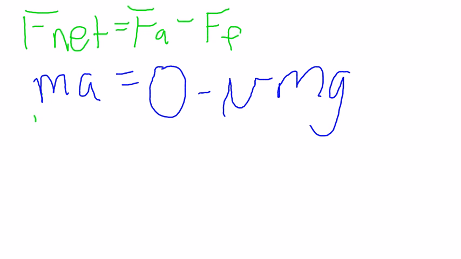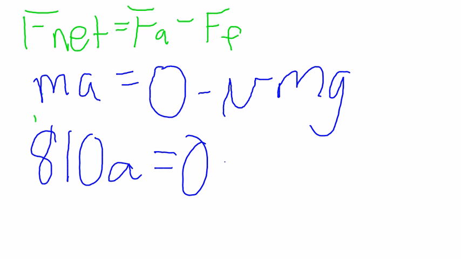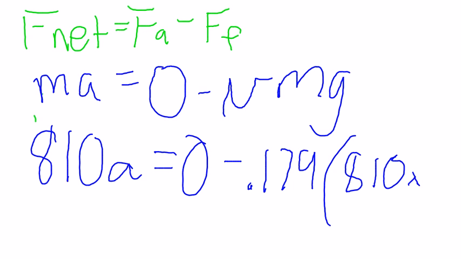Now we'll put in our givens that we had earlier, 810, which was the mass, times acceleration, which we have to find before we can continue, equals 0 minus, we'll be doing the coefficient of static friction. The other coefficient we'll ignore, times 810, the mass again, times 9.8 gravity.